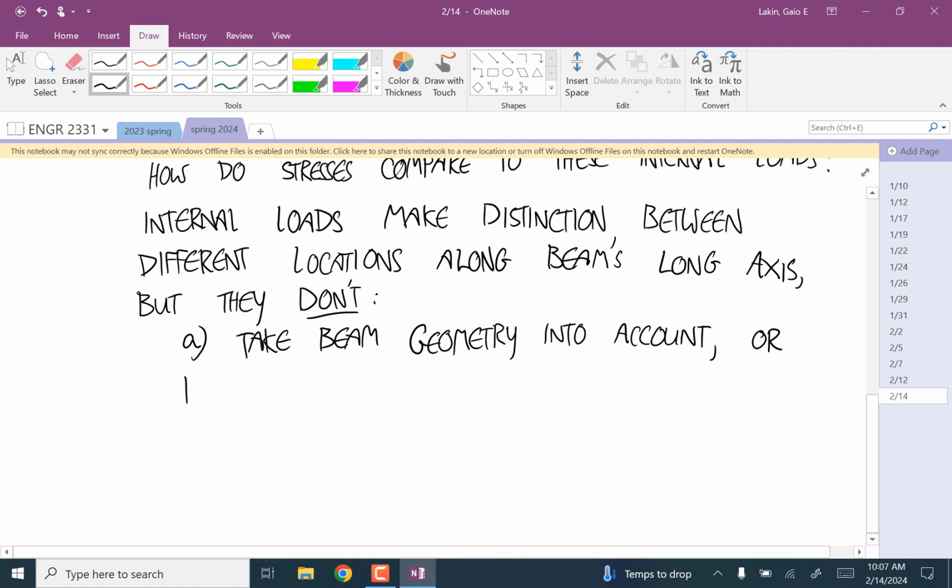And the second thing that internal loads don't take into account is they don't distinguish between different points on the same cross section of the beam.